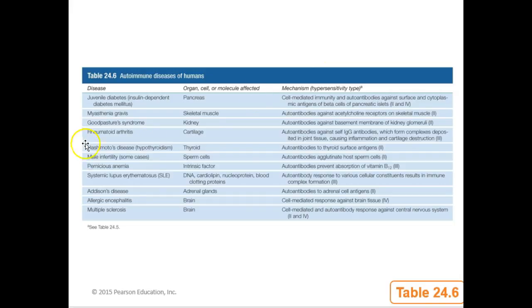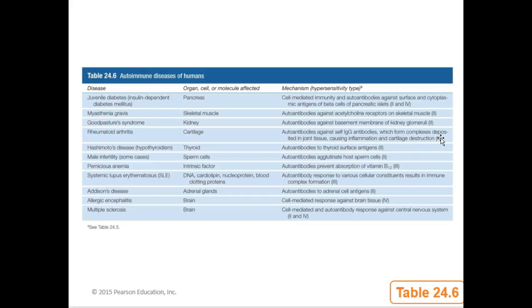There's also diabetes. It's 2 and 4, so you see it's complicated. Another complicated one is rheumatoid arthritis. It says it's 3, but all sorts of things are going on with rheumatoid arthritis, where complexes form in joints and then stimulate all sorts of inflammatory responses.